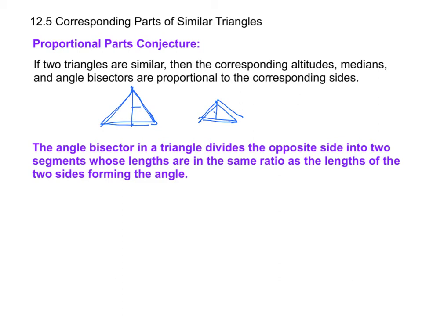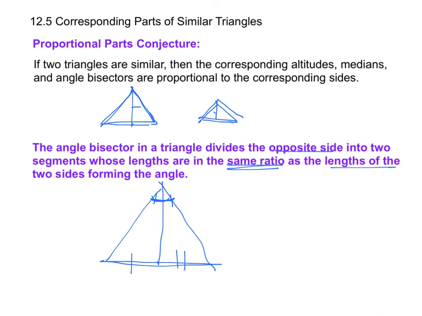And then this next one says that the angle bisector in a triangle divides the opposite side into two segments whose lengths are in the same ratio as the lengths of the two sides forming the angle. So if we have our angle and it's bisected here, it divides the opposite side into two segments whose lengths are not necessarily the same, but whose lengths are in the same ratio as the lengths of the two sides forming the angle.